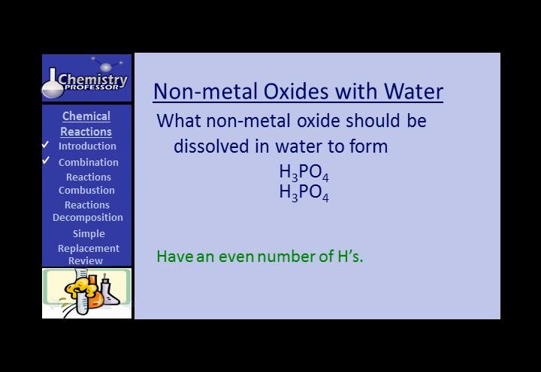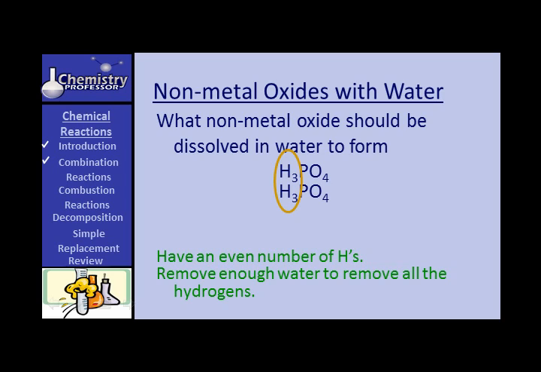Got it? Now, how many hydrogens do we have in all there? We have 6 in all. And I want you to take out as much water as you can, making sure you remove all of the hydrogens. Well, you've got 6 hydrogens, so you can take out 3 waters. That means you can take out 3 of those oxygens. So, we've got the 6 hydrogens.